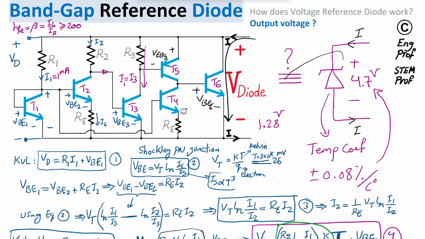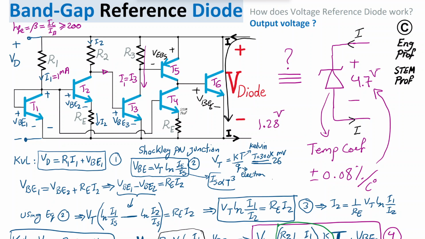We end up with a fixed voltage of 1.28. And we are saying if, for example, in this sample implementation, we select 1 milliamp, we end up with 1 over 4.5, something like 200 microamp for I2, and on that same order for the current of transistor T5.